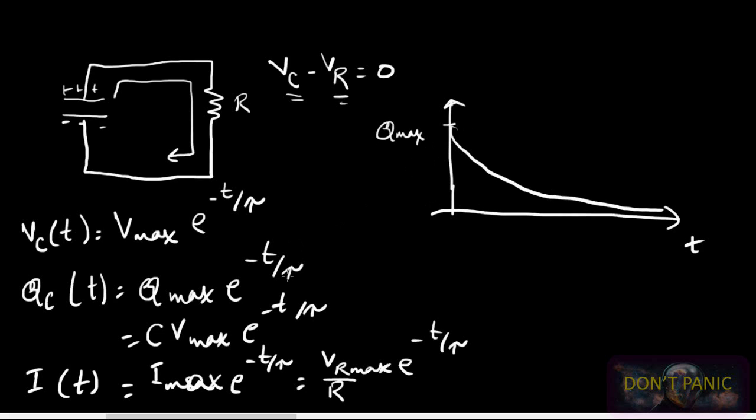When t is equal to tau, in this case, e to the negative 1 is about 0.67. No, sorry, it's 37%. So after one time constant, your capacitor has discharged 37% of its charge.